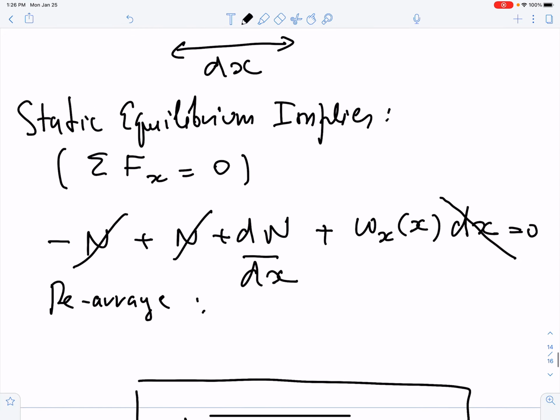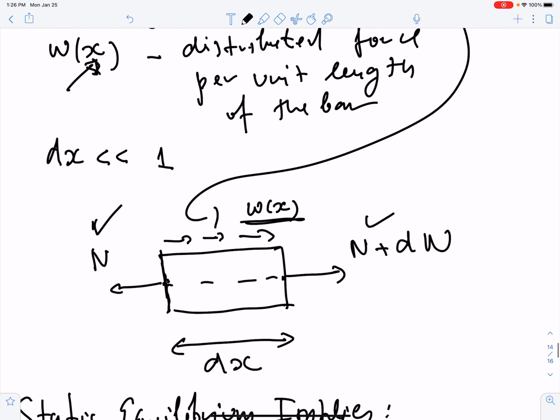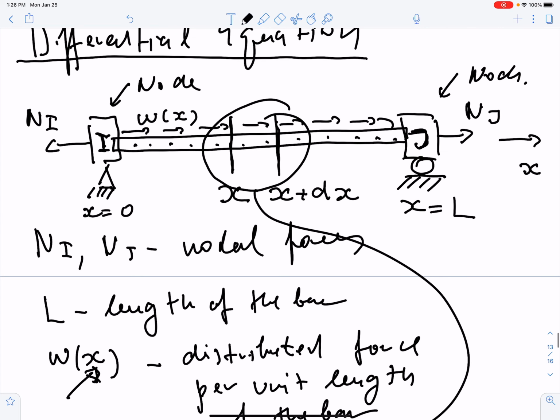And the key is that, if you look back at this plot, this x was chosen in an arbitrary fashion. So I can pick an x here, get the infinitesimal piece of the bar, run the analysis where I send dx to 0, and I can, in principle, do it at every point along the bar.